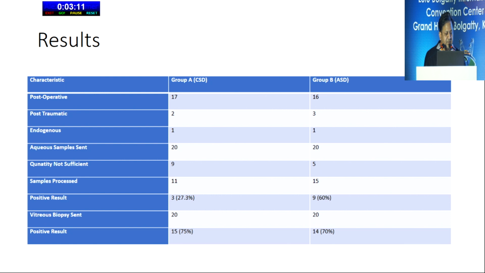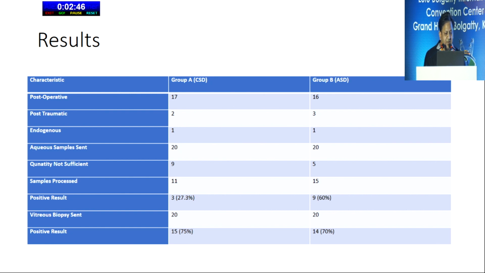The results: the two groups were equally divided by the cause of the endophthalmitis, postoperative, post-traumatic, or endogenous. Of the aqueous samples sent by group A, the conventional technique, 9 were returned by the lab as quantity not sufficient, whereas 5 from the novel device group were returned as quantity not sufficient.